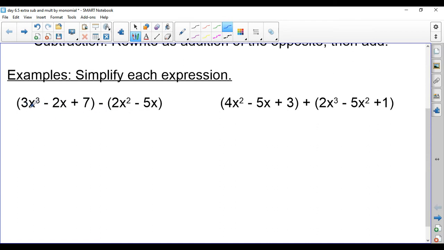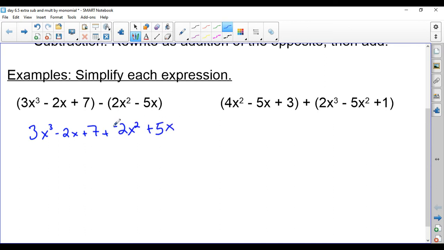The first polynomial, this trinomial, stays exactly the same. But then I want to add the opposite. And one thing I saw was that sometimes people were making it the opposite of the first term. So if this is minus positive 2x squared minus 5x, it should be plus negative 2x squared plus 5x.